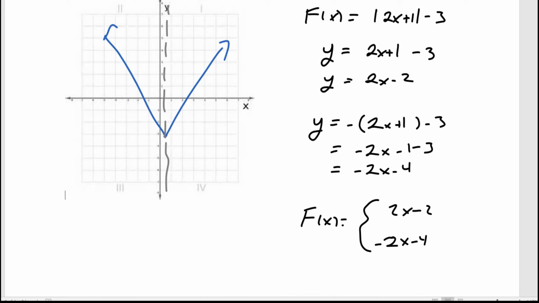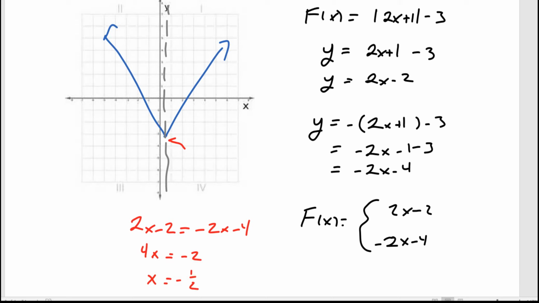We know that those two pieces have to be equal at that spot, so maybe that's the easiest way to do it, because what we're looking for is where those two lines cross. Okay. So 2x minus 2 would have to equal the negative 2x minus 4. So that would mean 4x has to equal negative 2. Okay. Right, add that, and so then x is going to have to equal negative 1/2.